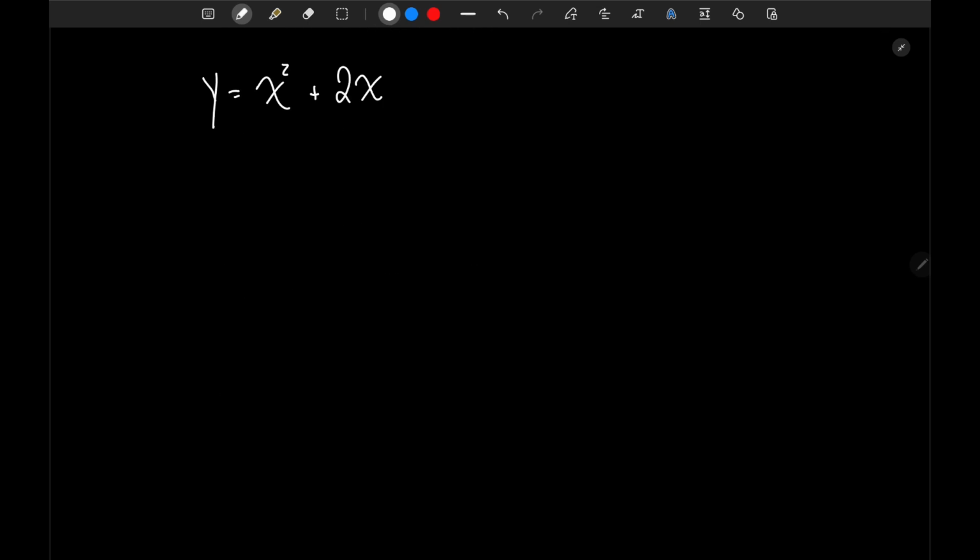Okay, y is equal to x squared plus 2x. Take the derivative, dy over dx is equal to, take the exponent down front, minus 1 from the exponent. Do the same for the next one, where we just have 2 times 1, x to the 1 minus 1.